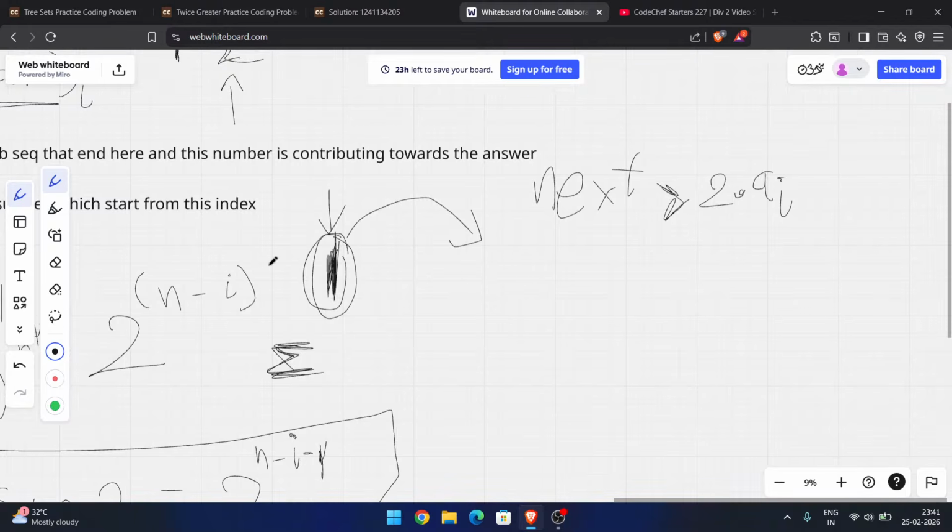If I know this is 1, then I should find the next number which is greater than 2. Let's say the array is something like this. Here there are multiple 1s and a 2.